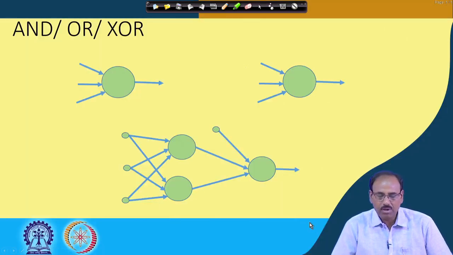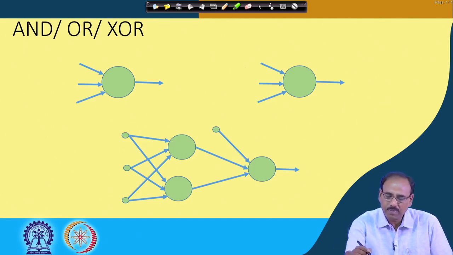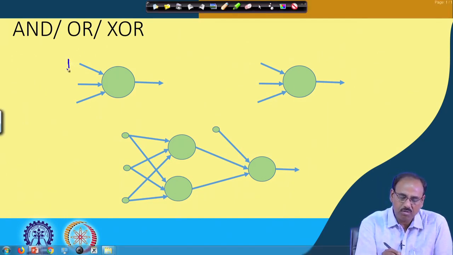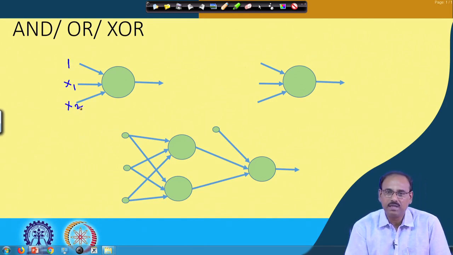So, just to recapitulate, what we did in the previous class is that we implemented three of the logic functions: AND function, OR function and XOR function using the neural network. In case of an AND function, the input is x1 and x2, and for unified representation, as we have done before, we have appended an additional component which is equal to 1, and this is what helps in giving a bias to the neural network or every node in the neural network.